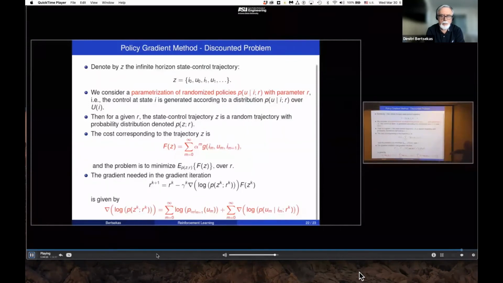So generate a trajectory; as I go, calculate these quantities here, add them up, and that gives you the sample gradient. This is the cost sample, and you put them together, and it becomes actually very simple. It's very simple to program. Once you have a parametrization of the randomized controls, then typically the parametrization admits an easy gradient calculation, and it all works out just fine.